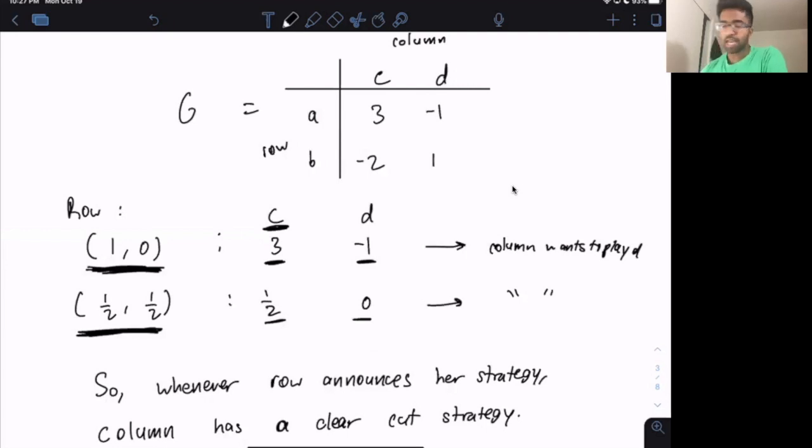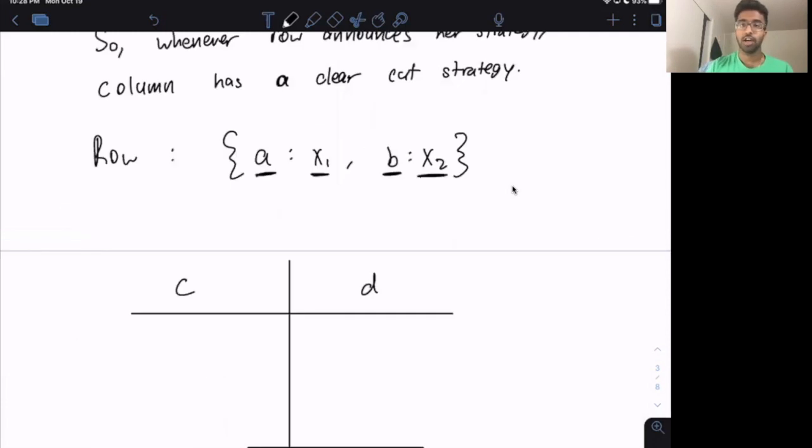And so, generalizing this, here I used some exact values, specific values for the probabilities, but generalizing this further, let's say row plays option A with probability x1, and row plays option B with probability x2. Then let's compare the earnings. Let's compare the game's payoffs depending on if column plays option C or column plays option D, right?